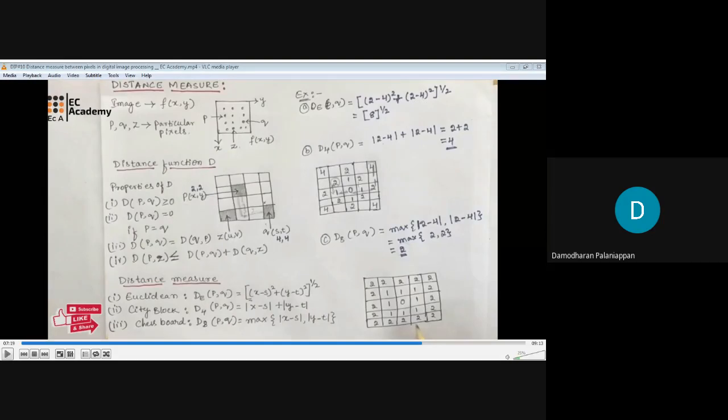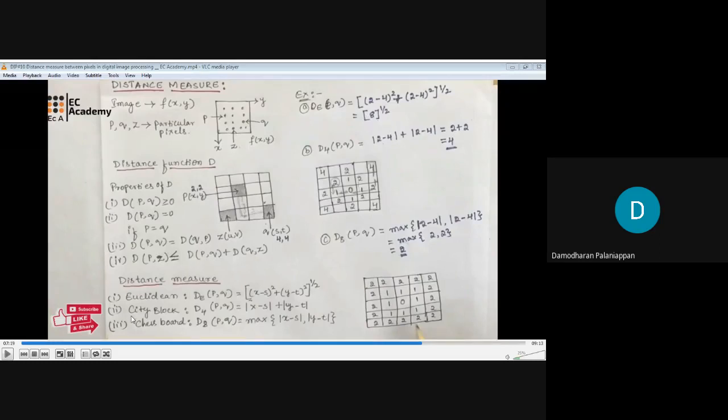By using this formula, we can find the distance between the two pixels.